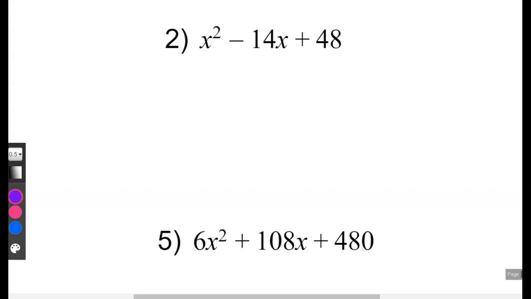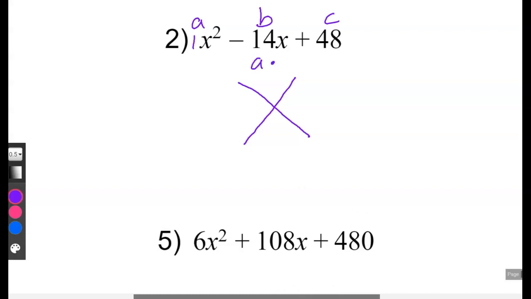X squared minus 14x plus 48. Yes, I think I heard it. We draw our great big X. What goes up top? Right, the a times c. So in this case, our a value is 1.